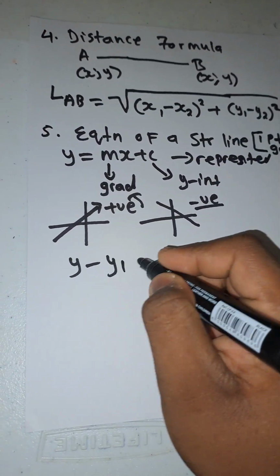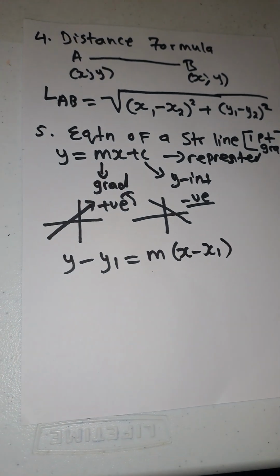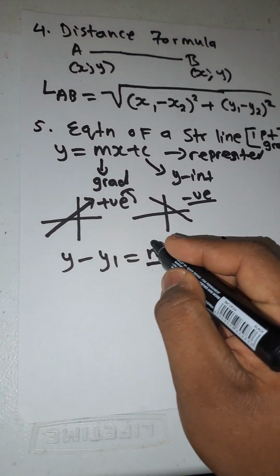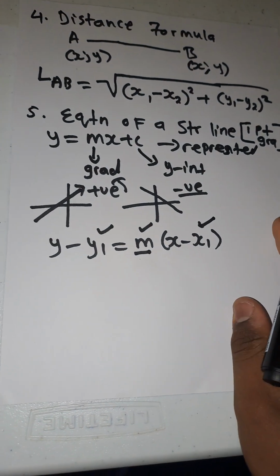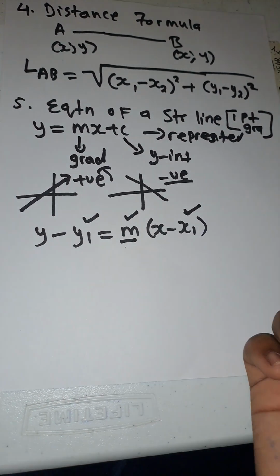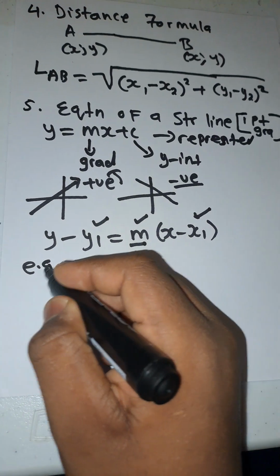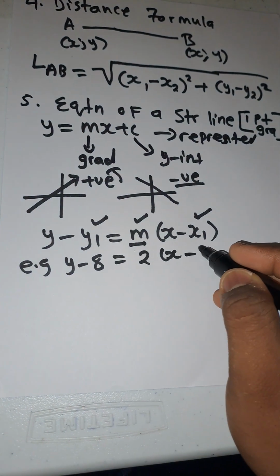y minus y1 equals m times x minus x1, whereby you have your gradient, and y1 and x1 are your coordinates. It is that point that I was telling you about. If you have these three things, you simplify. For example, y minus 8 equals 2 times x minus, maybe, 6.